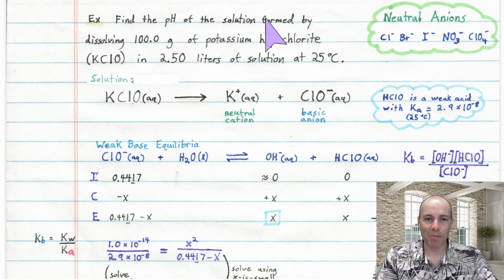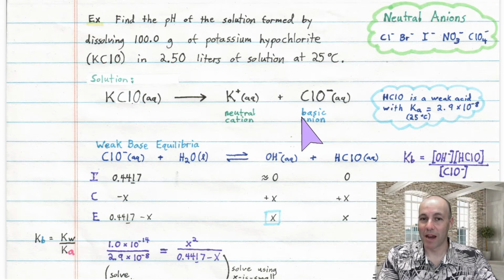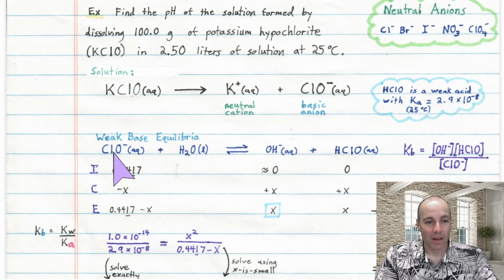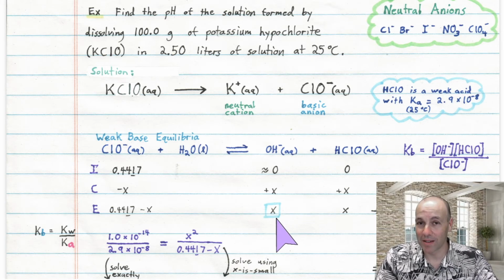Now, you're asked to find the pH of this solution. It tells you how much of the potassium hypochlorite is in there in the volume. And so if we could figure out the concentration of the hypochlorite anion, then what we would do is write the base equilibria that the hypochlorite anion undergoes and use its concentration right there as the initial concentration and fill out the ICE diagram and then solve for the hydroxide concentration.